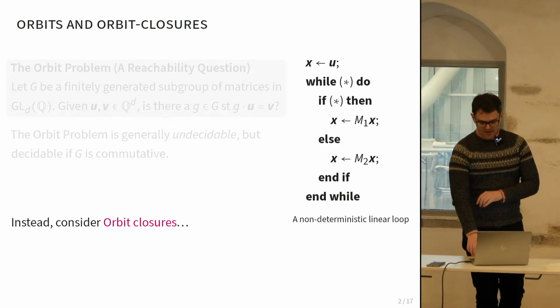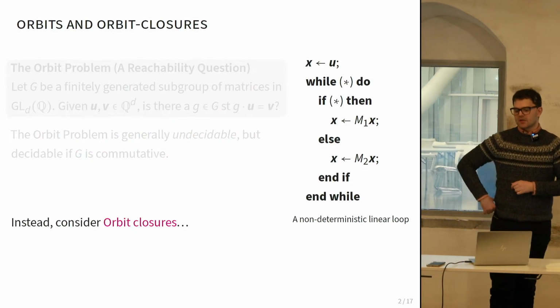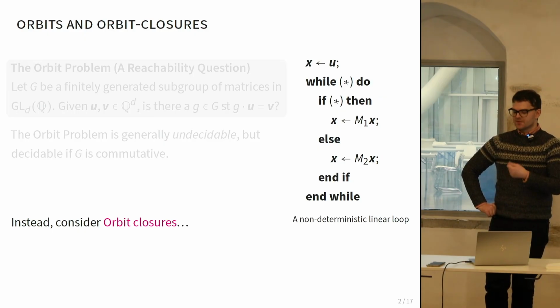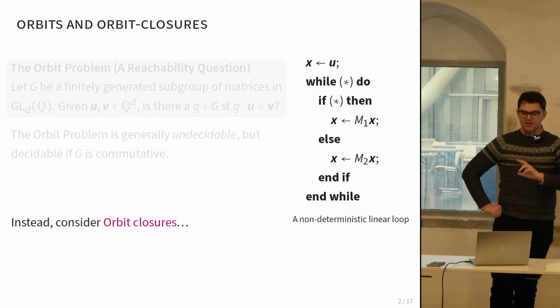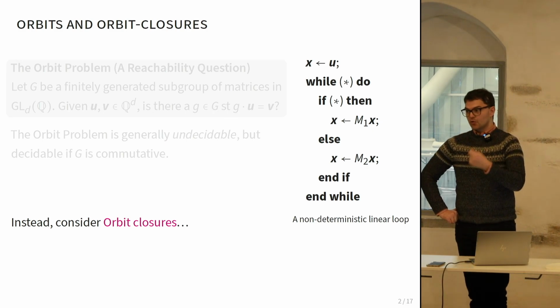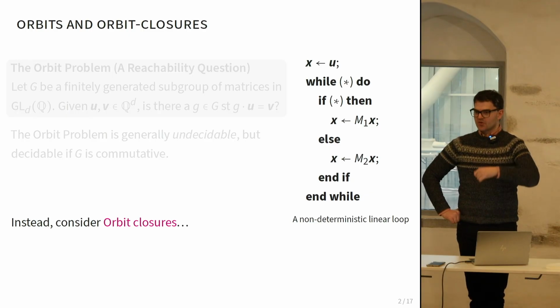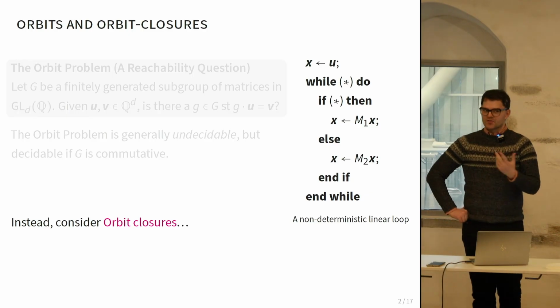So just before we move on, what I've written on the right-hand side is the kind of looping program I'm interested in. These stars are going to be non-deterministic.